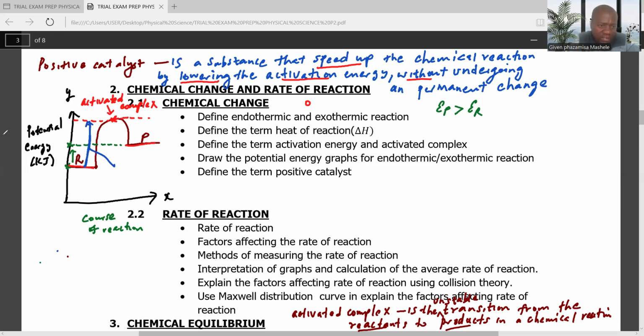Let me write it this side. So from here up until here, this is called an activation energy. But this activation energy is for the forward reaction. So if they say, calculate the activation energy for the forward direction, they're just referring to from the reactants to the activated complex.